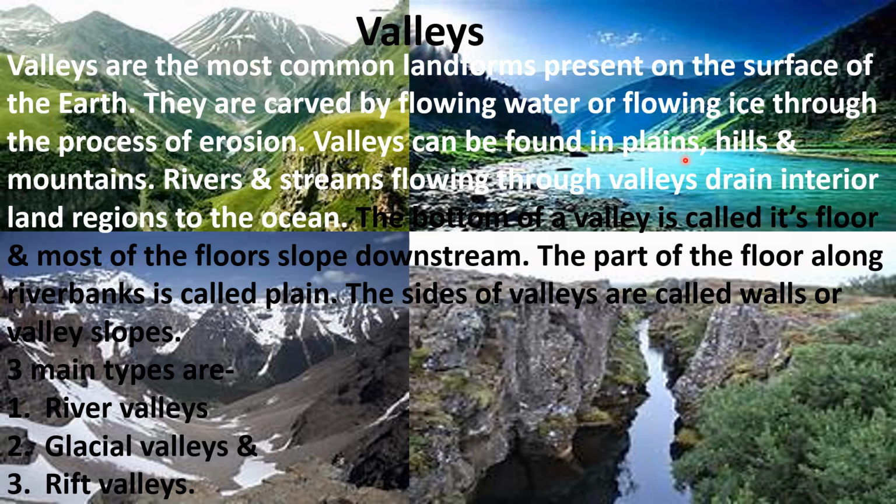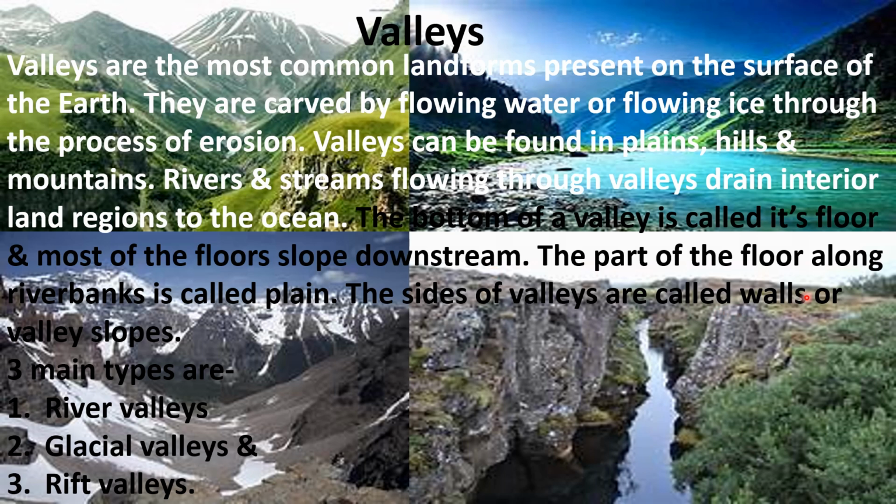Here the valley is formed by a river. Rivers and streams flowing through valleys drain the interior land region to the ocean, and the bottom of the valley is called its floor, and most of the floors slope downstream, towards the bottom of the river.